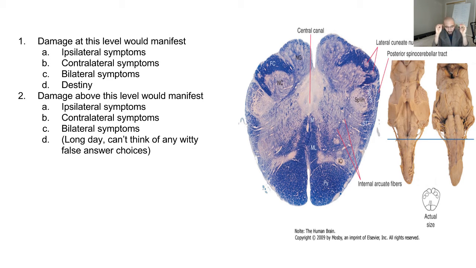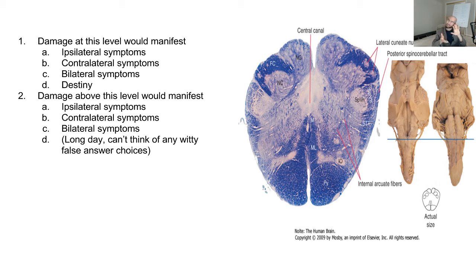I'm saying above where everything crossed over, at the top, we lesion above this, what type of symptoms? Yes, it is contralateral. So if we damage above the decussation, contralateral symptoms. If we damage below the decussation, ipsilateral symptoms. If we lesion at the decussation, we get bilateral symptoms.